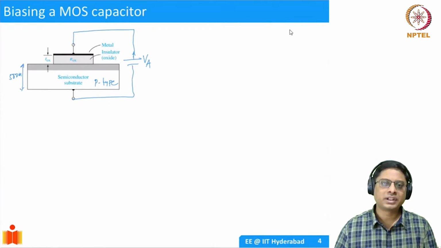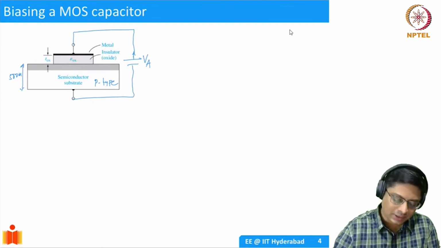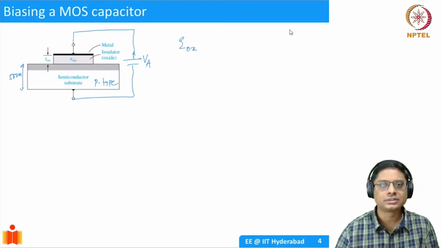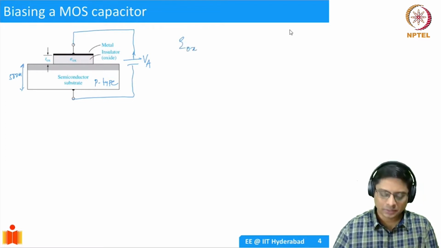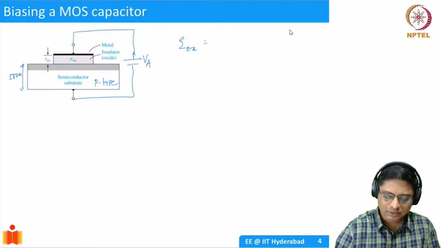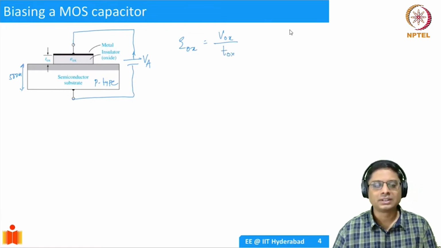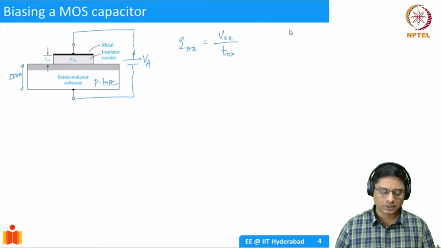The moment you apply voltage across a capacitor, there's an electric field which is developed, right? What is the electric field? The electric field developed will be, let me call it E oxide. E oxide will be simply Vox divided by T-ox, whatever is the voltage drop across the oxide, divided by T-ox.